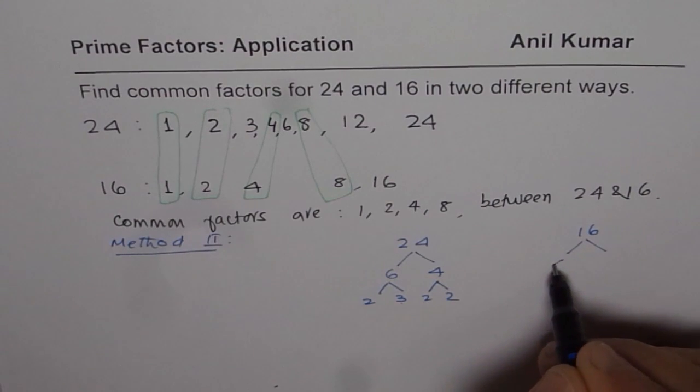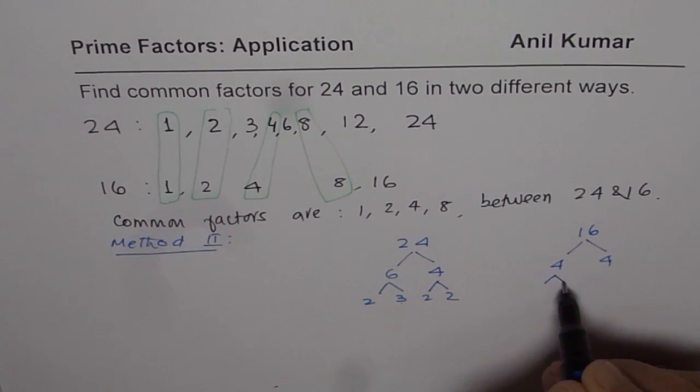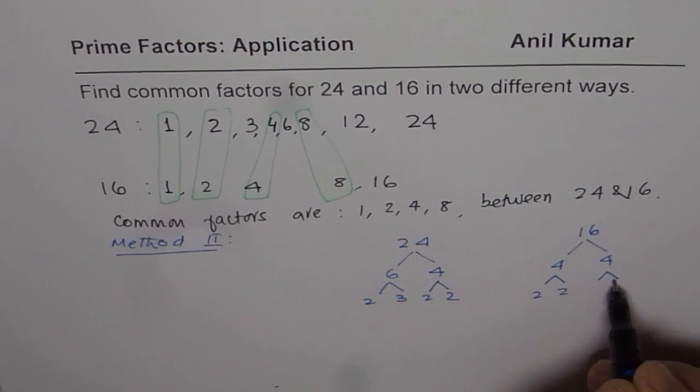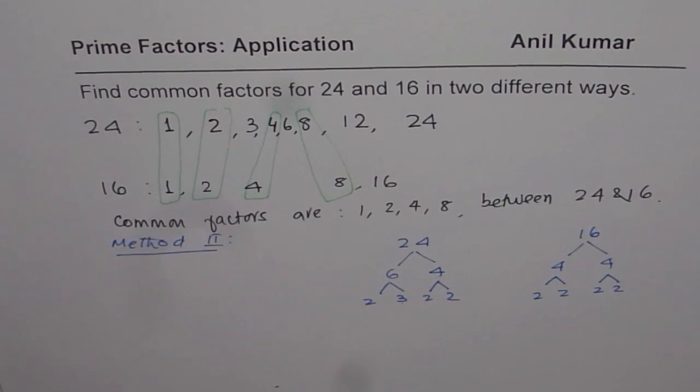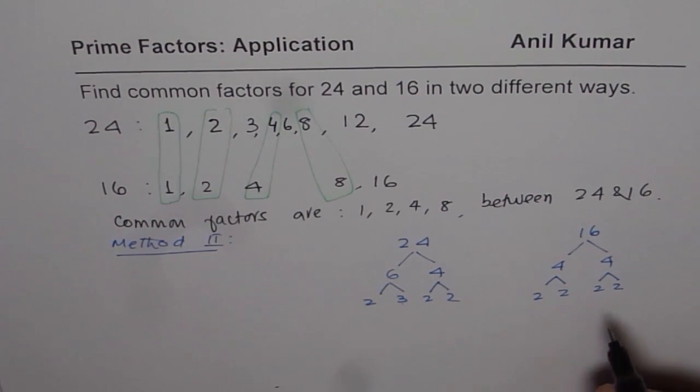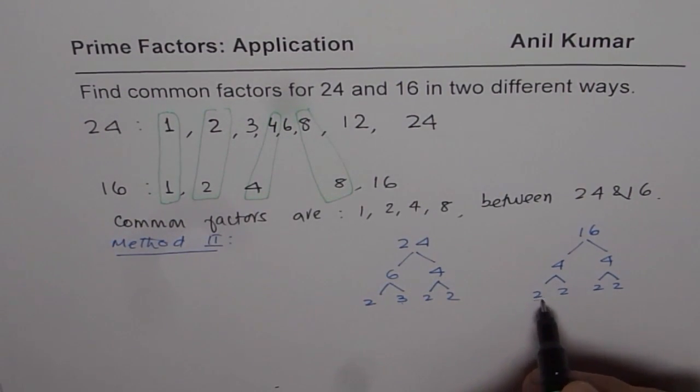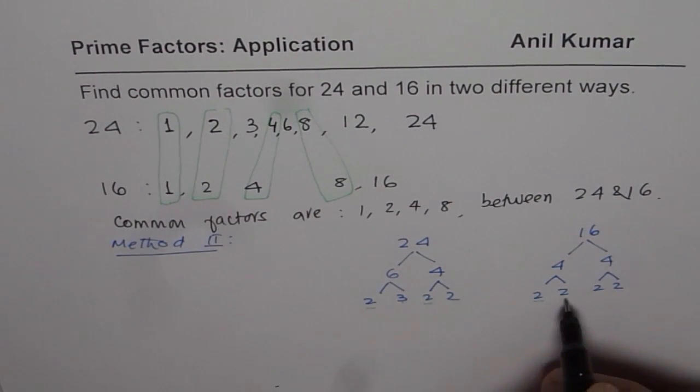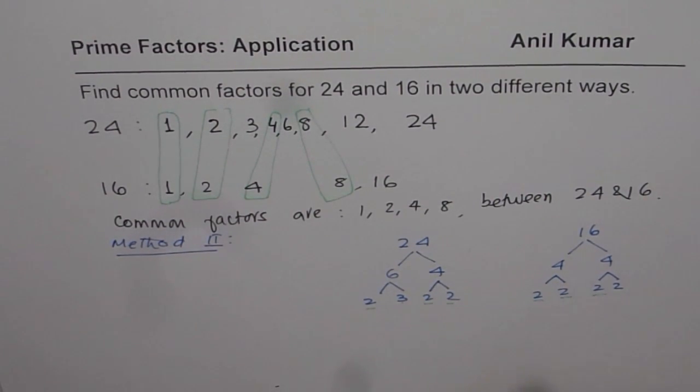For 16 we could write this as 4 times 4, and that is 2 times 2 and 2 times 2. So prime factors for 16 are 2, 2, 2 and 2. Now what are common factors? Well, we have 1, 2. The second 2 is also common. Third 2 is also common.